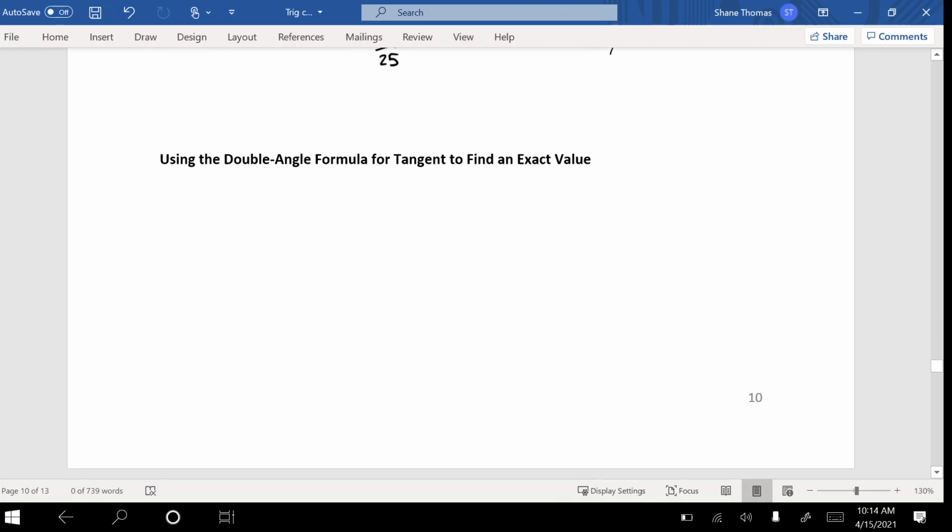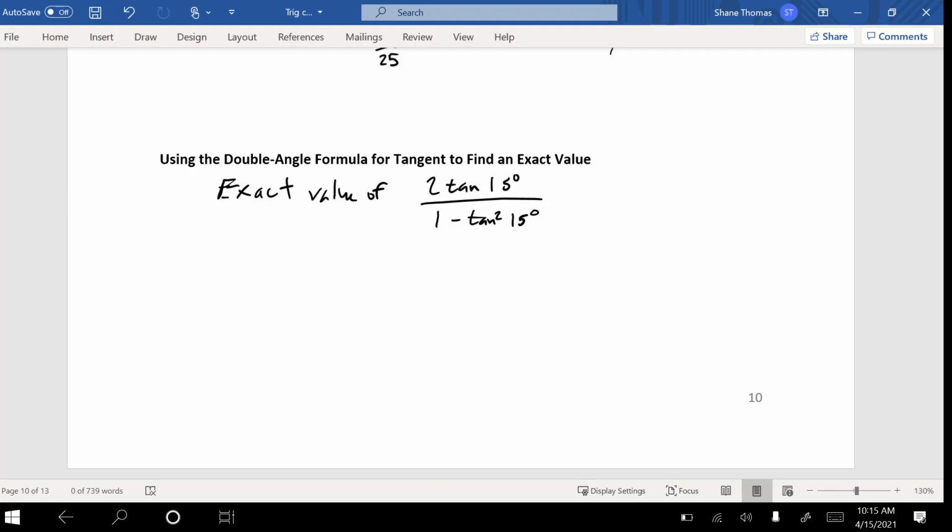So next thing, using the double angle formula for tangent to find an exact value. This is just kind of an ugly one, but it gets pretty nice quickly. So we want to find the exact value of 2 times the tangent of 15 degrees over 1 minus tangent squared of 15 degrees.